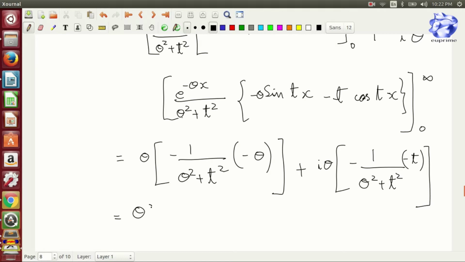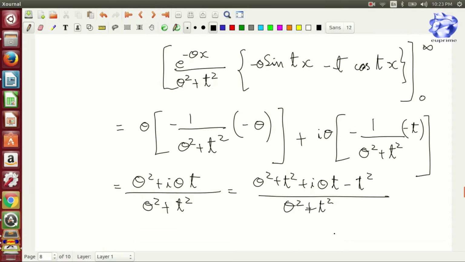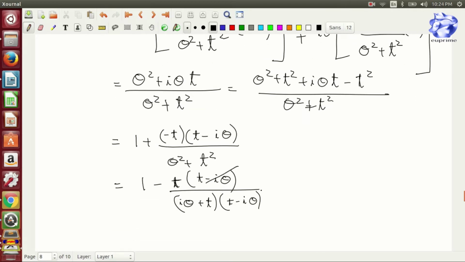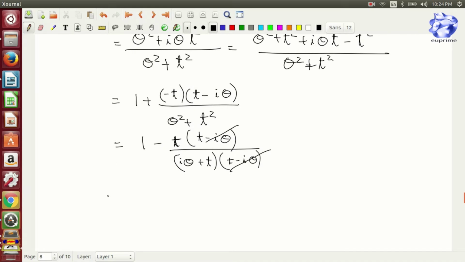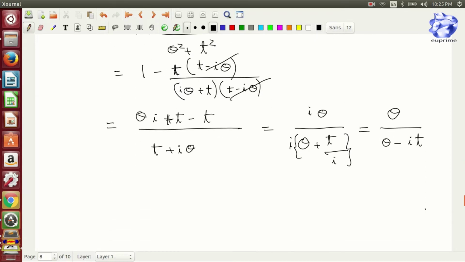So we got two terms, and now we have the denominator common, so we get the characteristic function as theta square plus t square plus i theta t minus t square by theta square plus t square, which can be simplified further to theta into i plus t minus t by i theta plus t. And finally we get the characteristic function as theta by theta minus it, which is the same as what we got earlier.